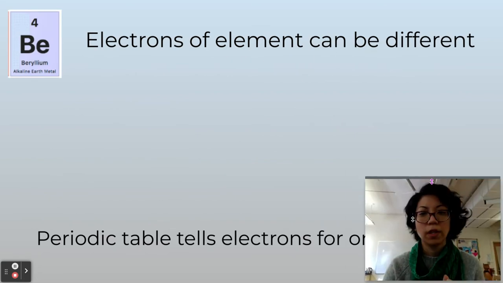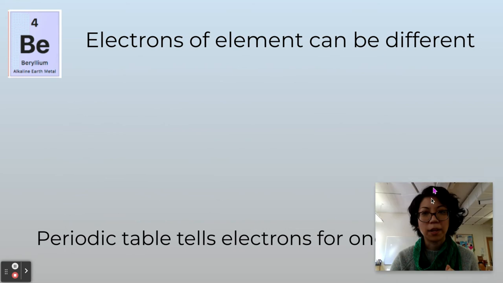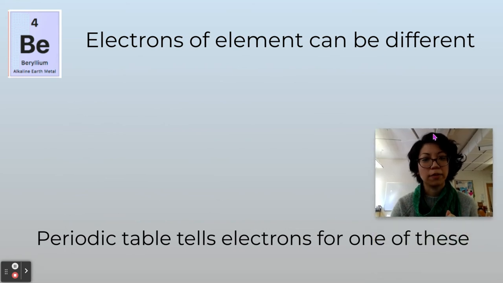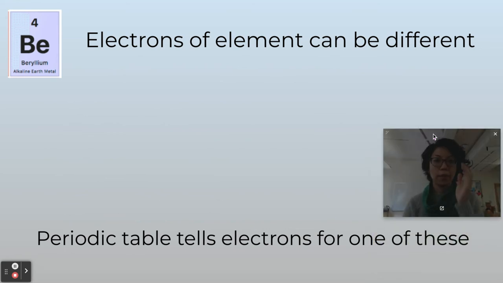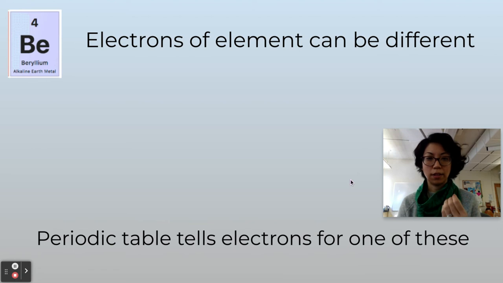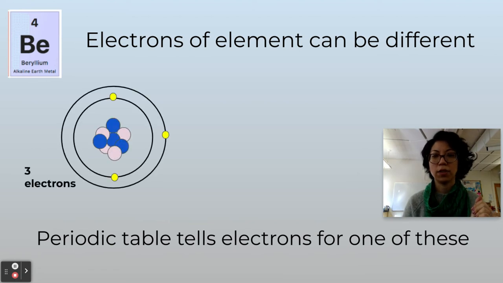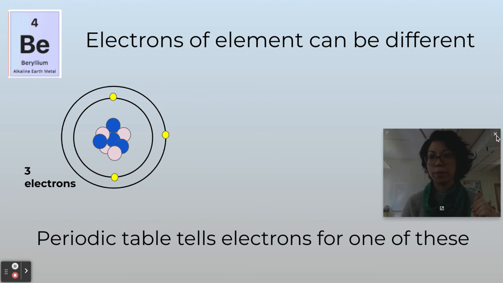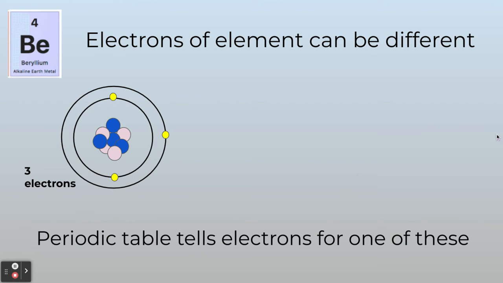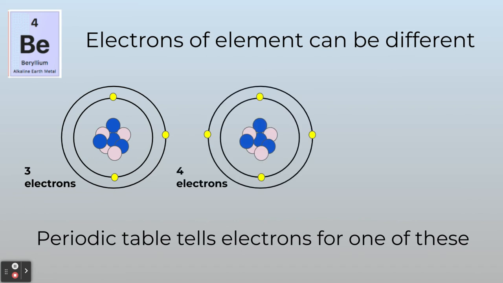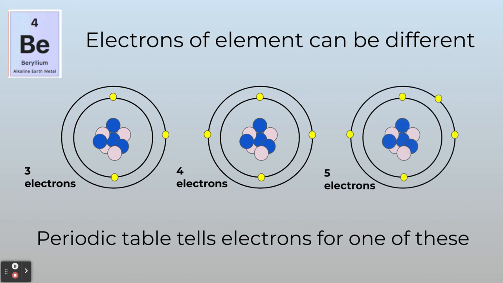So, yeah, the number of electrons an atom has can be different. And the periodic table tells us how many electrons most of the atoms have. So, for example, for beryllium, let me just close this here. For beryllium, it could have 3 electrons, it could have 4 electrons, or it could have 5 electrons.